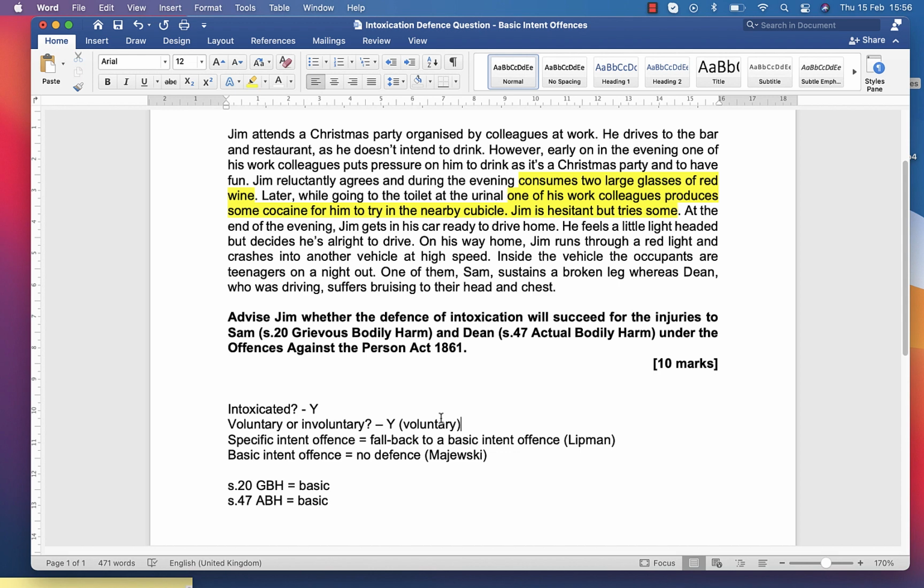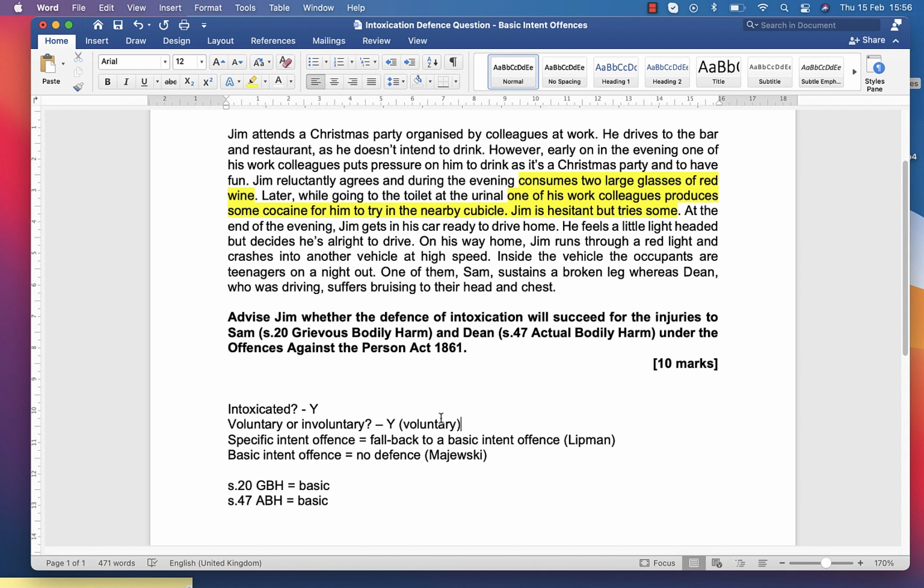You can only commit them intentionally, like murder, for example, or Section 18 GBH. That will mean that the defence can potentially fall back to a basic intent offence, which would be a lesser offence and subsequently a lesser sentence, which is the benefit the defendant has. It's not a complete defence.